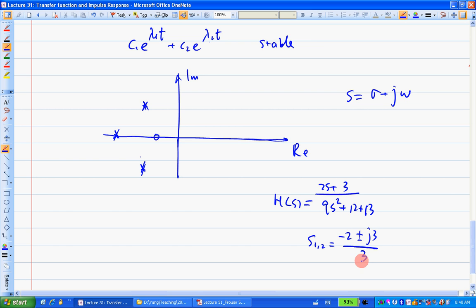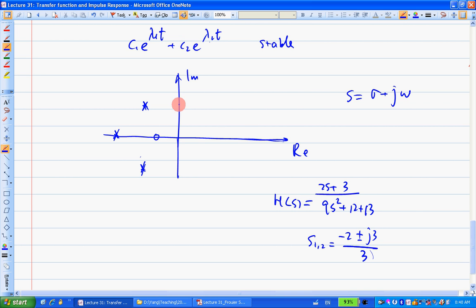This is basically a pair of complex conjugate roots, and the real part is less than 0, so it's going to be somewhere here. And the imaginary part, root 3 over 3, is positive, plus and minus.